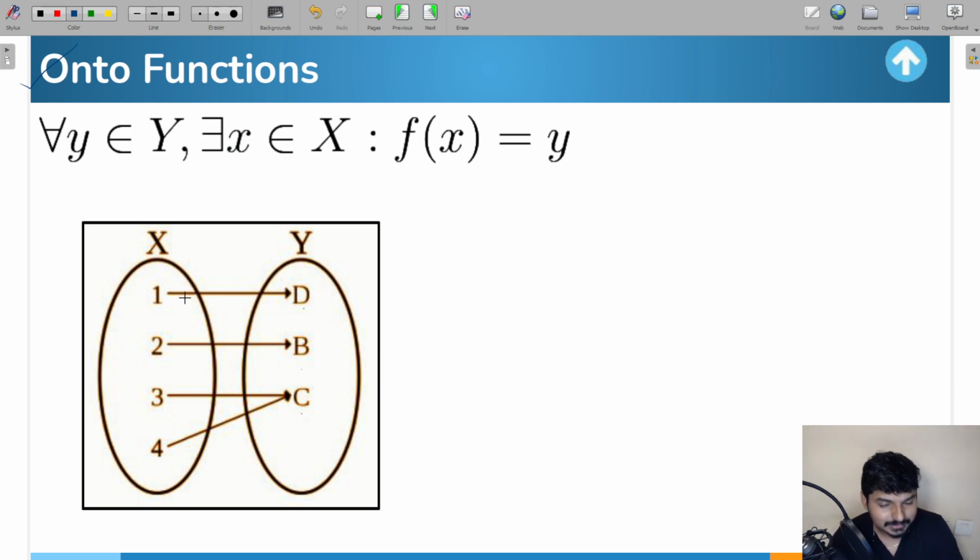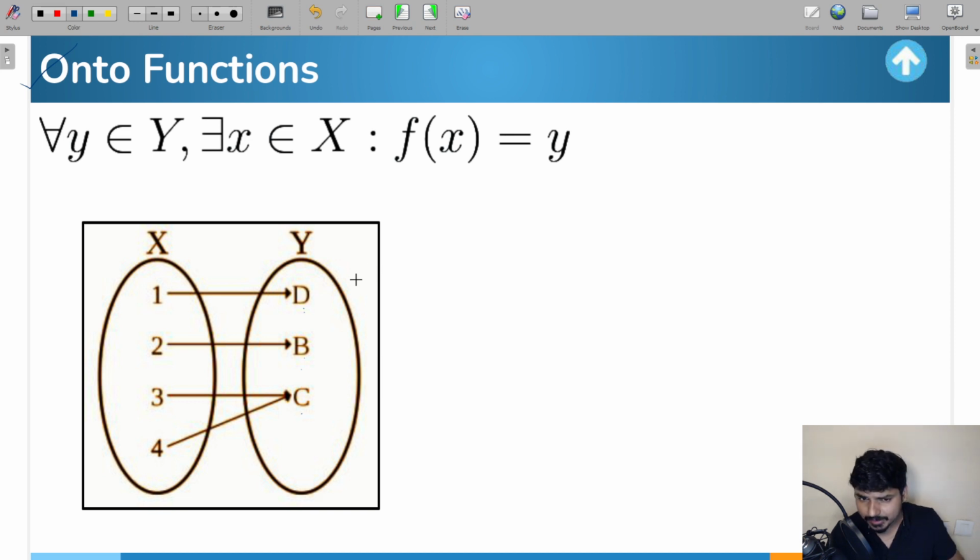If you see this diagram, D is an image of 1, B is an image of 2, and C is an image of 3 and 4. That is, all the elements are images of some elements in the first set, right? If this criterion is satisfied, I can say the function is onto.